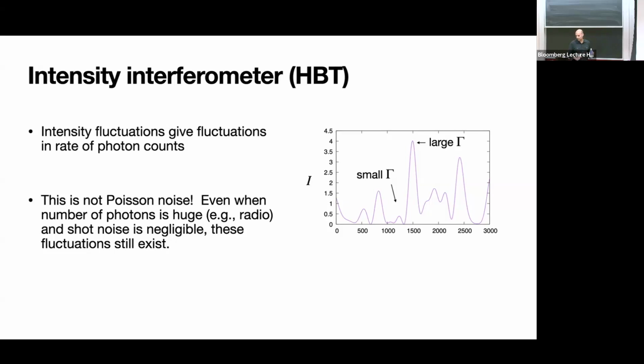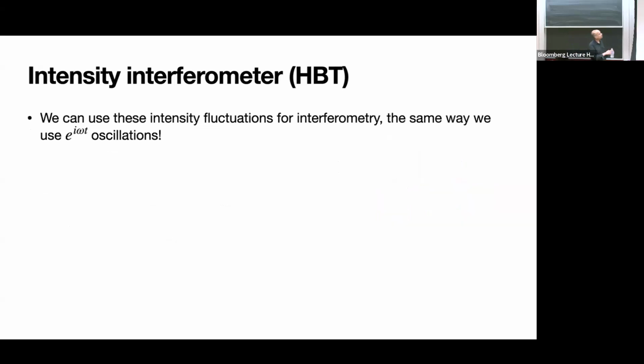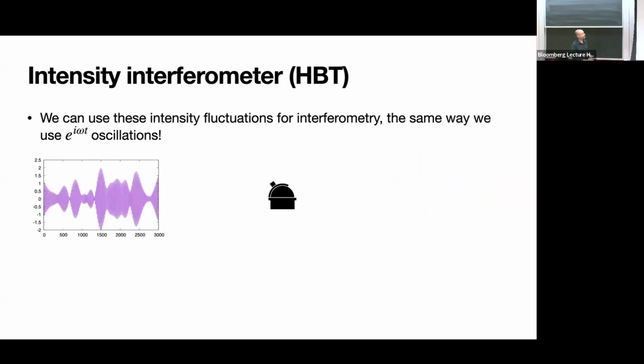Okay, where was I going? Yes, we can use these intensity fluctuations to do interferometry the exact same way that we use the normal e^{i omega t} oscillations to do interferometry, using the exact same reasoning. So suppose that we have some source over here shooting light at us, producing this E field with this waveform, and suppose that it's seen by our telescope.